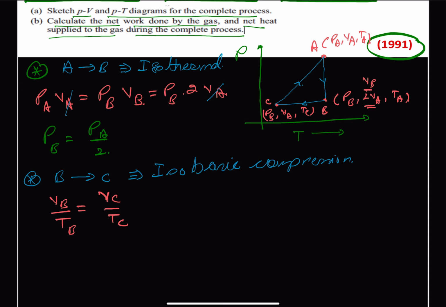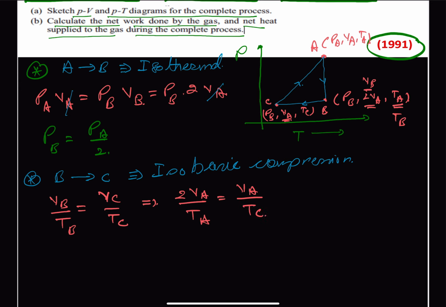And VB is twice of VA, so we get twice of VA upon TB, and TB is nothing but TA, so we can write this as TA will be equal to, now our volume at C is nothing but VA, so this comes as VA upon TC.